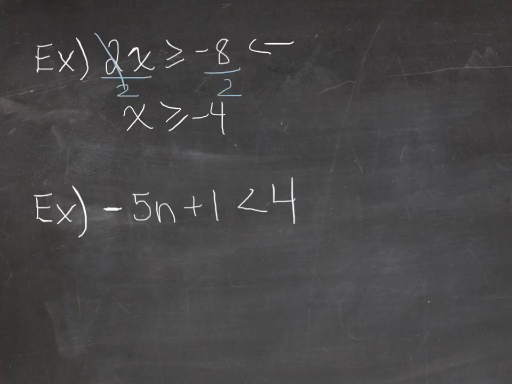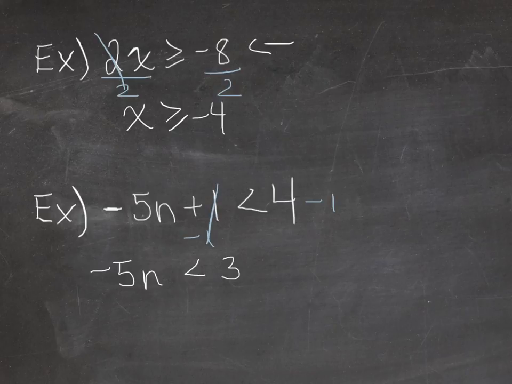The next one is a little bit trickier. I have a couple extra steps maybe. The first thing I need to do is move away this plus 1 from the left-hand side. So I'm going to subtract 1 from this side, subtract 1 from this side. So I'm left with negative 5n is less than 3.